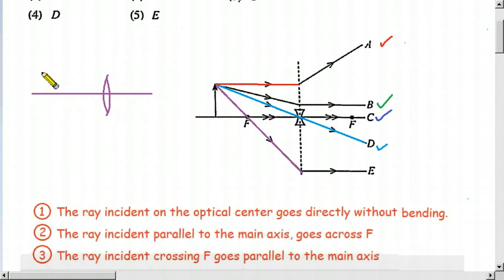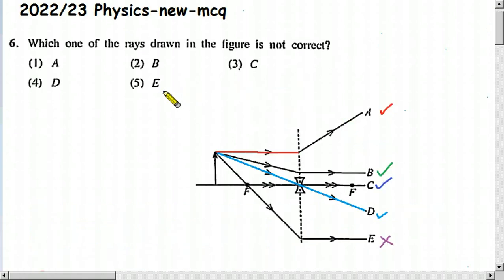That means if a ray came like this across this F, it goes parallel to the main axis. That ray is valid for convex lenses. If this lens were a convex lens, then this ray would be correct. So this one is wrong. Therefore only these four rays are correct, and this one is wrong.